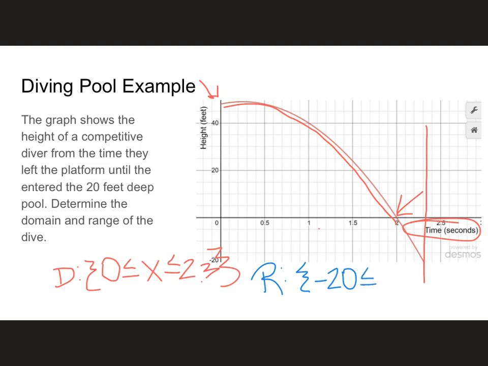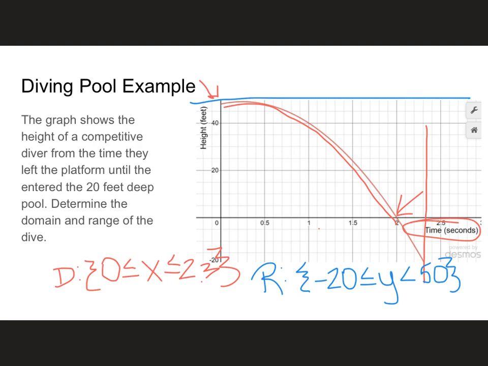So -20 is less than or equal to y. And then the maximum is up here. I think it's about 49, but I'm just going to call it 50. I'm not going to say equal to because I can see that the line does not go up to 50. I'm just going to put it at less than 50. So that should make sure we are including 49.